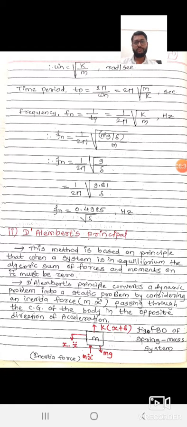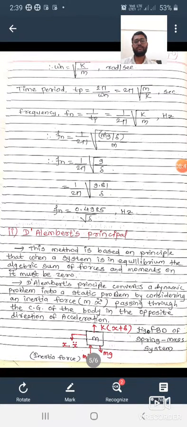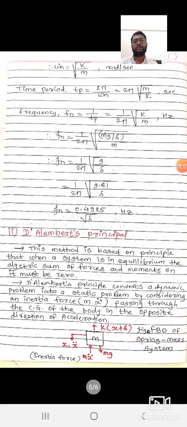So next, we just put the value of k, stiffness, which is mg by delta. The m gets cancelled, so we get Fn equal to 1 upon 2 pi under root of g by delta. We know g, gravitational acceleration, is 9.81, and by calculating the given terms, we get natural frequency Fn equal to 0.4985 upon under root of delta, in hertz.